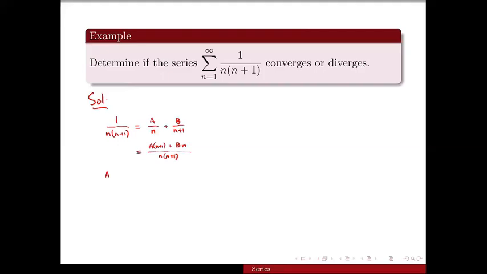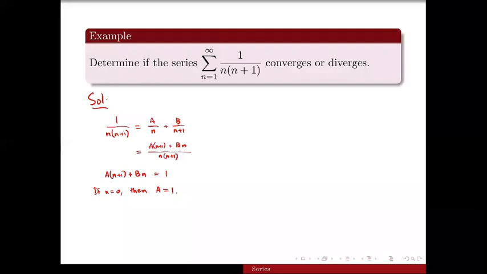So you will have a(n plus 1) plus b n, and this is equal to 1. Notice that if n equals 0, then you'll just have a equals 1.